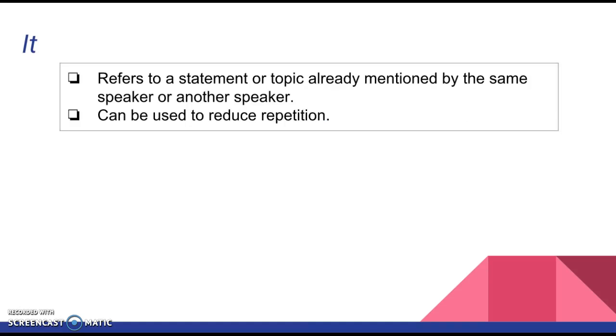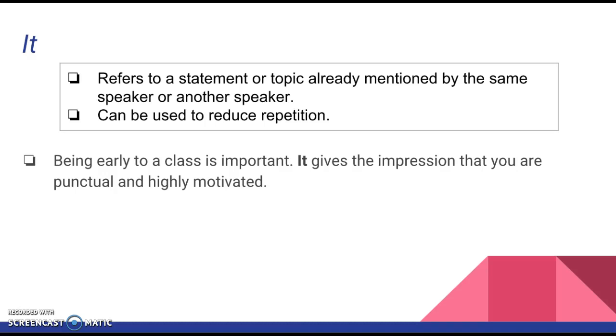When we use it in speaking and writing, it refers to a statement or topic already mentioned by the speaker, the same speaker or another speaker, and it is used to reduce repetition. So if we take a look at this example: being early to a class is important. It gives the impression that you are punctual and highly motivated.